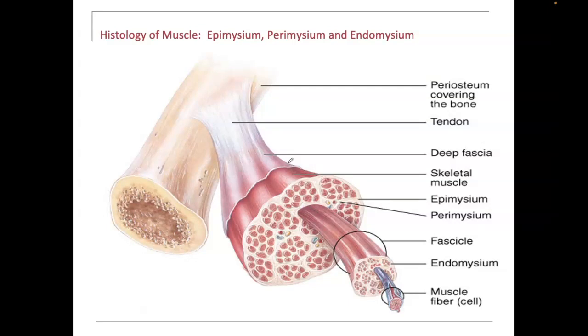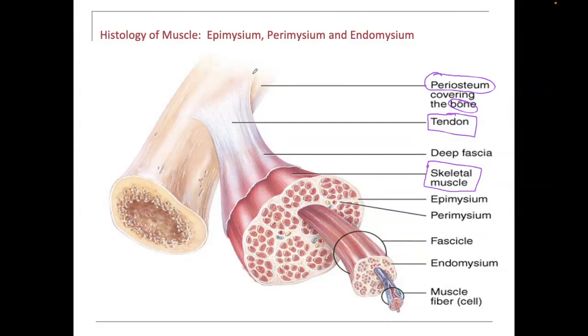Now, since we had mentioned tendons before, we said that muscles attach to bones by way of tendons. So in this picture, we see a tendon right here. This entire thing right here is skeletal muscle. So we can see that skeletal muscle attaches to bone, specifically the outer part of the bone known as the periosteum.